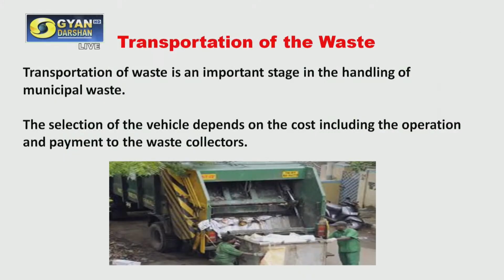So after segregation, there is a transportation of the waste, because once the waste is collected, it has to be transported to the facility where it will be recycled, or burnt, or composted.